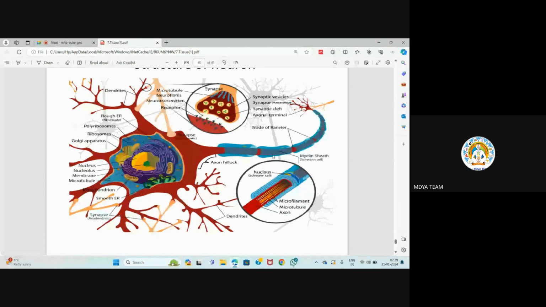So the main function of myelin sheath is to make the conduction of information, or conduction of electromagnetic charges, faster. Information goes through the neuron in electrical form. So the conduction becomes faster because of the myelin sheath.